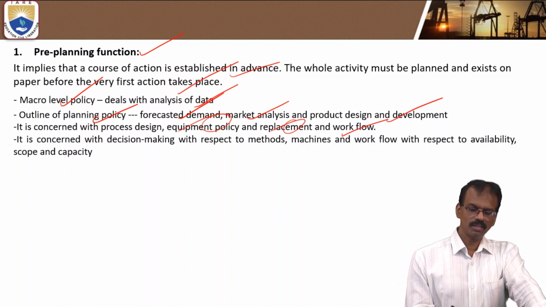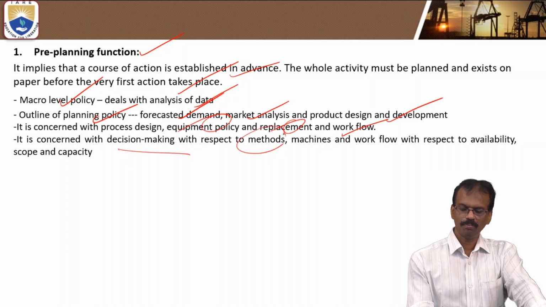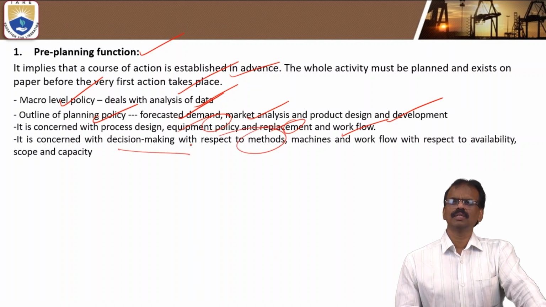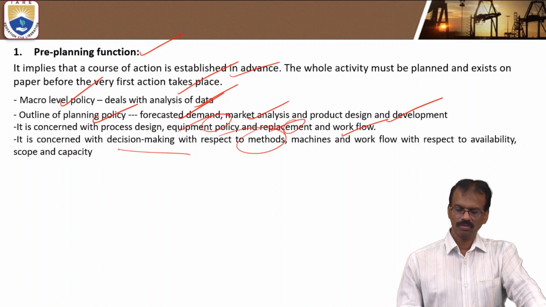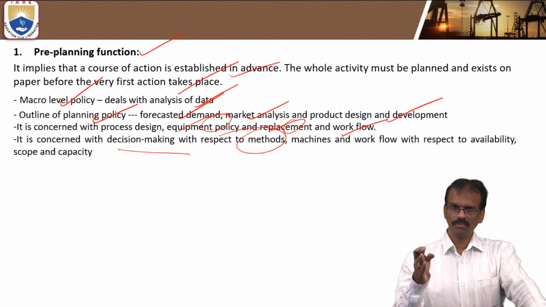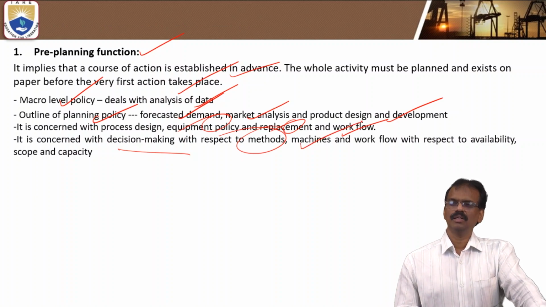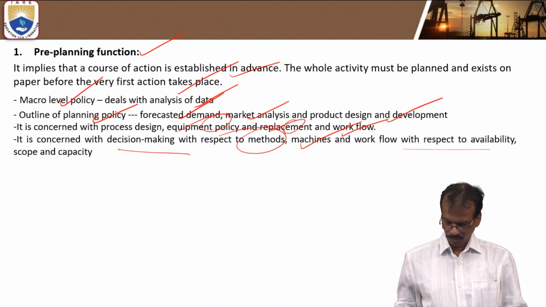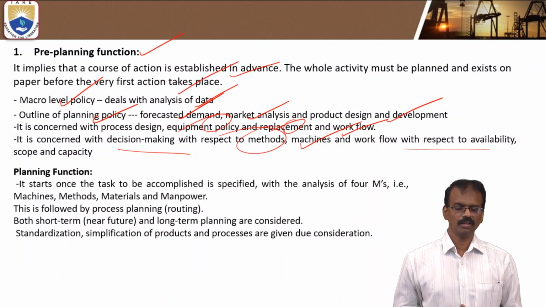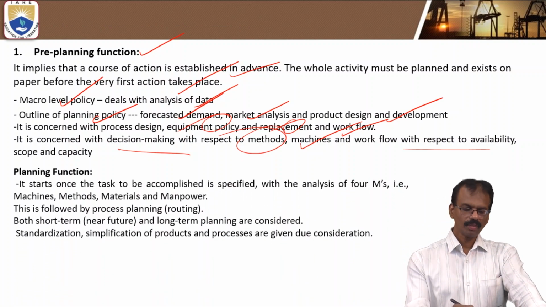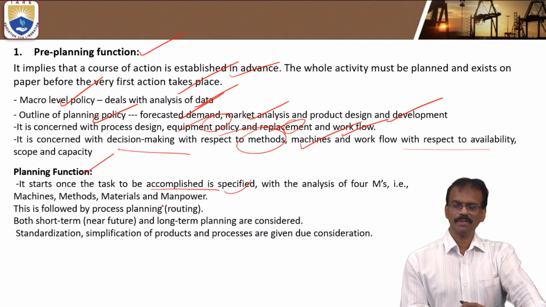It is also concerned with decision making with respect to methods, what type of methods should be assigned first, which means routing or sequencing of the methods, what type of machines are needed, and the workflow. All these things will be included here. So this is the pre-planning function. Next we'll see the planning function. The planning function starts once the task to be accomplished is specified.